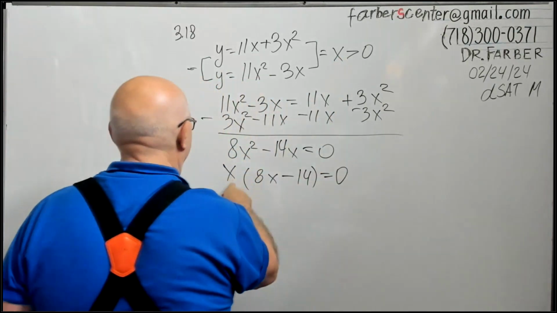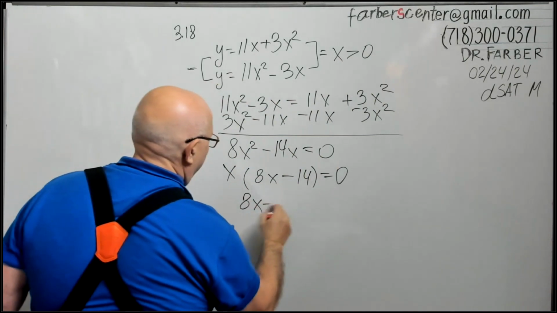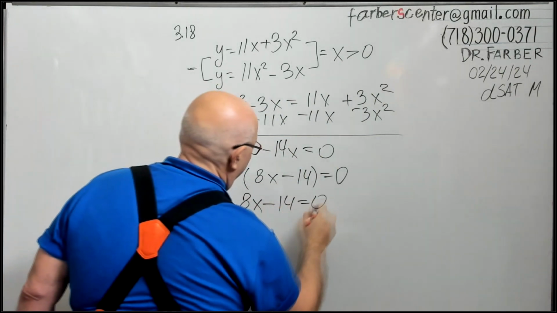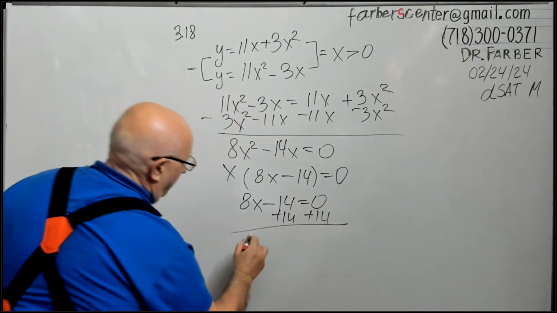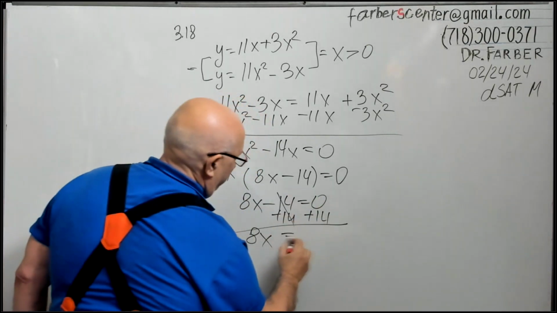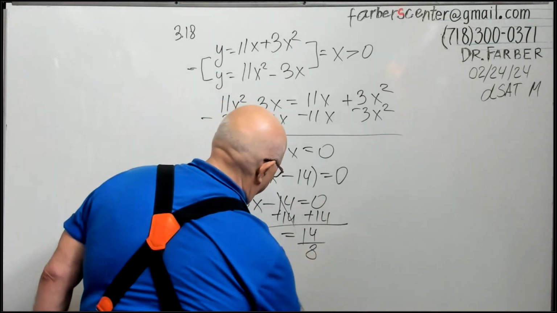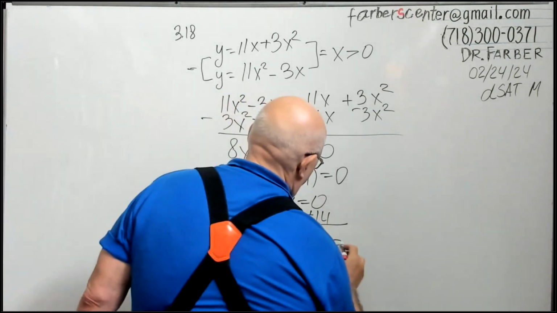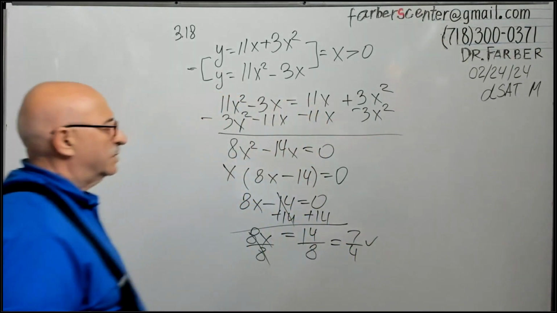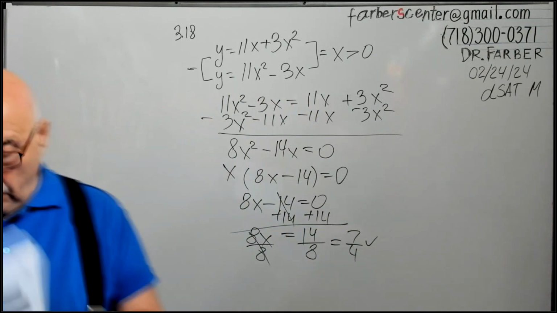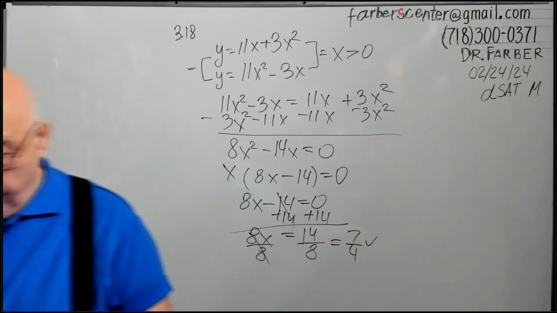Since x is greater than 0, x does not equal 0. And we have 8x minus 14 equals 0, plus 14 plus 14. You have 8x equals 14. Divide by 8 both parts. After simplification, you get 7/4. Simple quadratic equation. Okay, if you have any question, ask me.